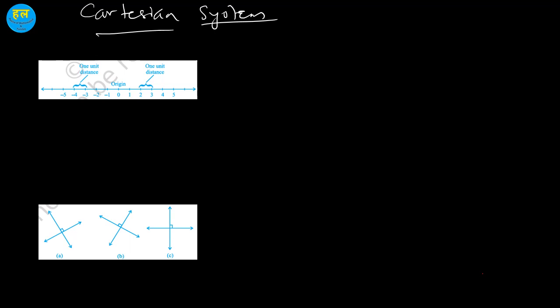The point from where the negative and positive start is called the origin, or 0. Here we can move right hand side, that is positive, and left hand side, that is negative, and all these are 1 unit apart. Each number is fixed 1 unit apart.